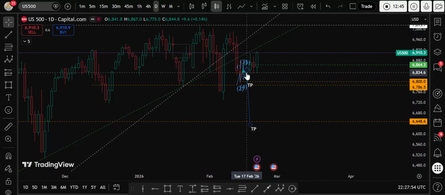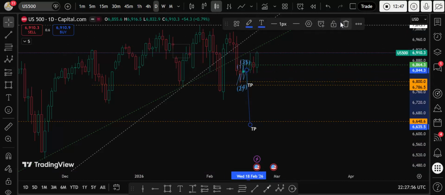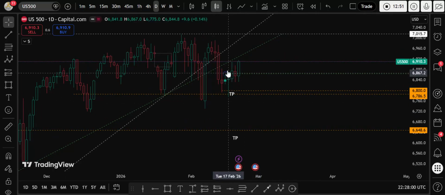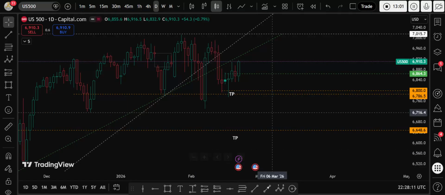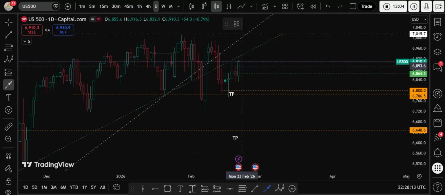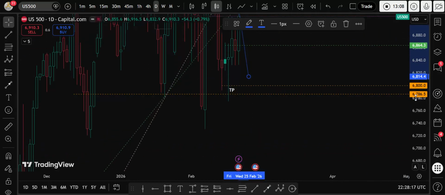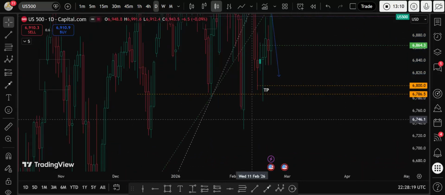It has broken it and given us a retest. So the next thing I'm looking for is for it to go down to our TPs. First TP is around.